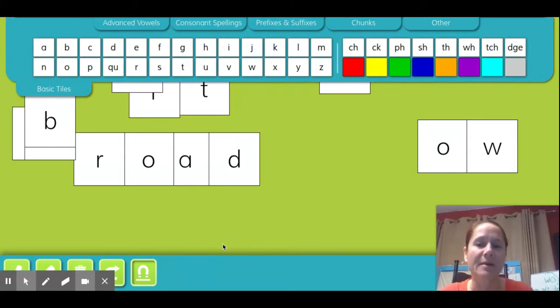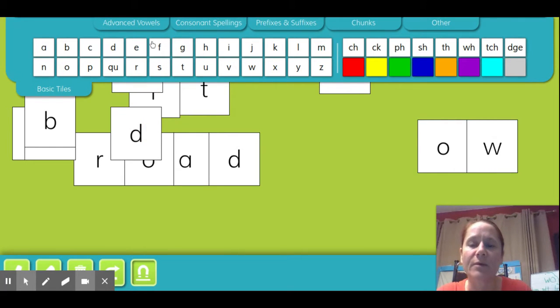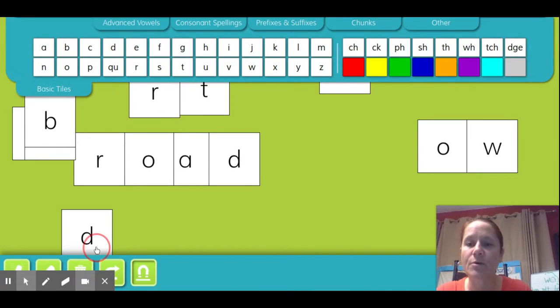Good job. Now, what if I wanted to row your boat? Row. So let's see if I have an R here already. I have all these D's. I don't know what's going on with these letter tiles. Let me throw some of these out. Maybe they're all stuck up there. Hold on, boys and girls. I'm going to get rid of them real quick.